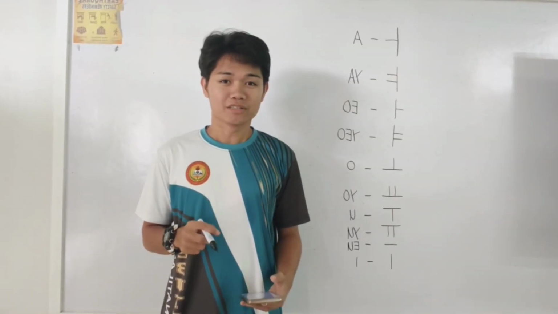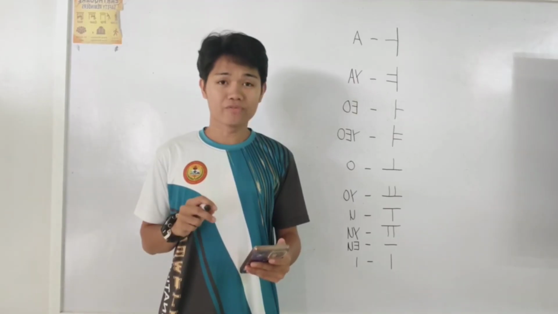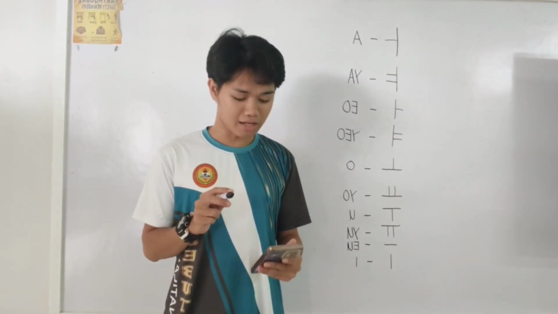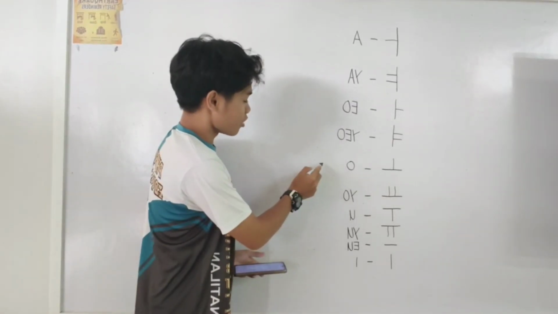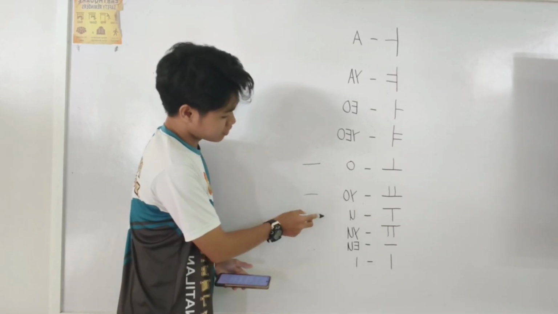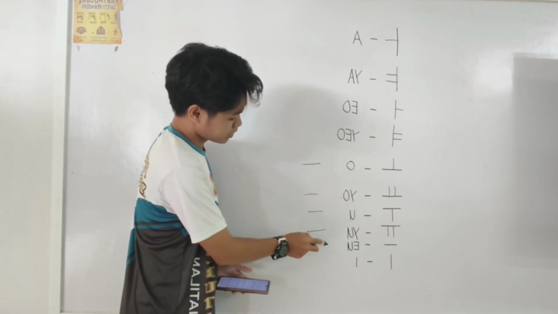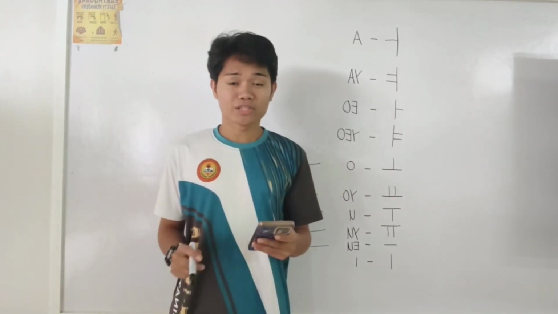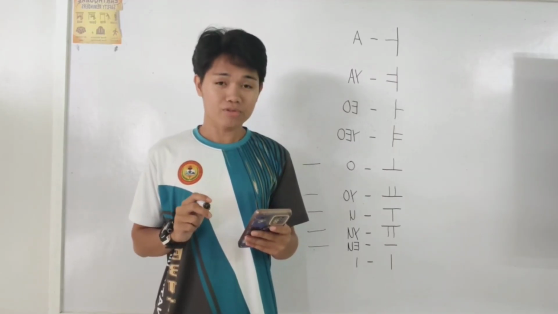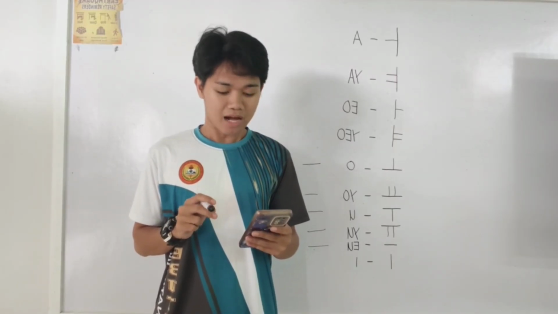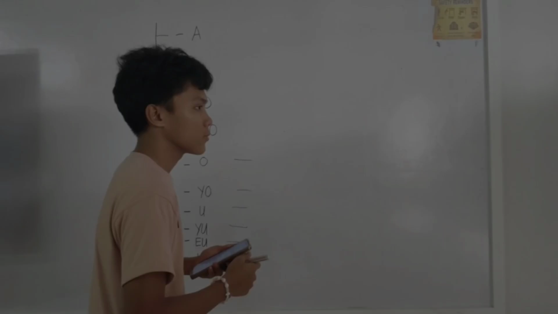Rule number 2, the stacked block. If your vowel is flat or horizontal, like O, Yo, U, U, the consonant sits on top of the vowel. Here is another example.